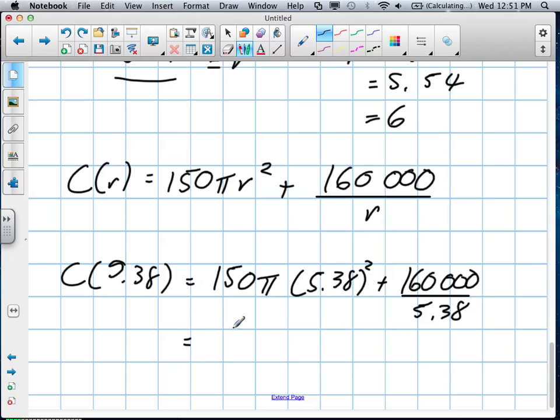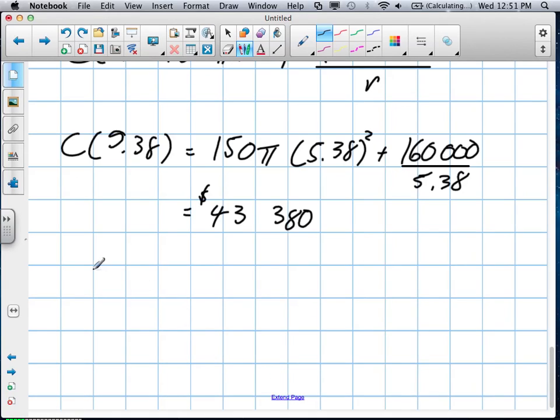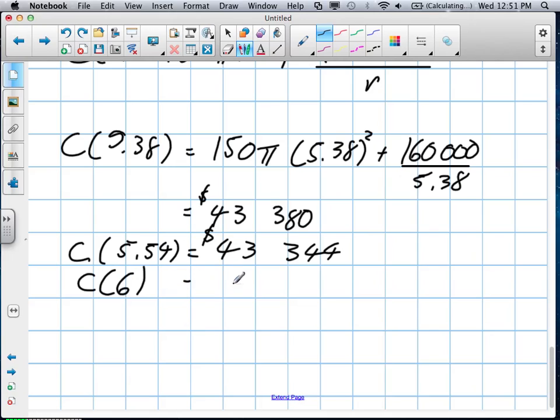Our cost will then be $43,380. When we do cost at our tangent of 5.54, we plug it into the same equation. Our cost will be $43,344. And finally, when cost is a radius of 6, $43,631.